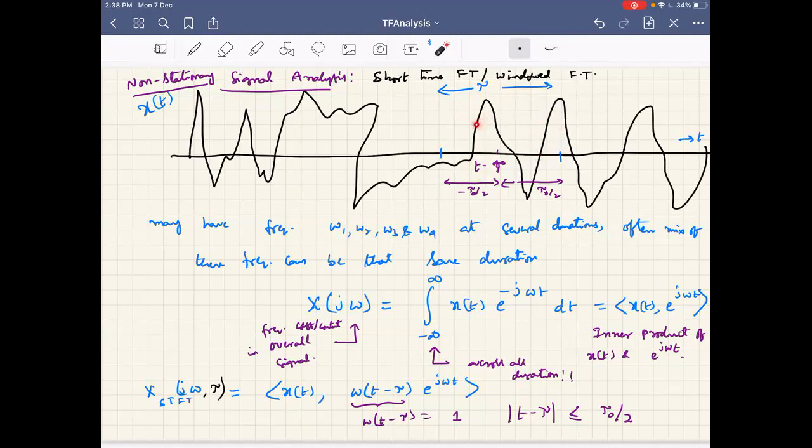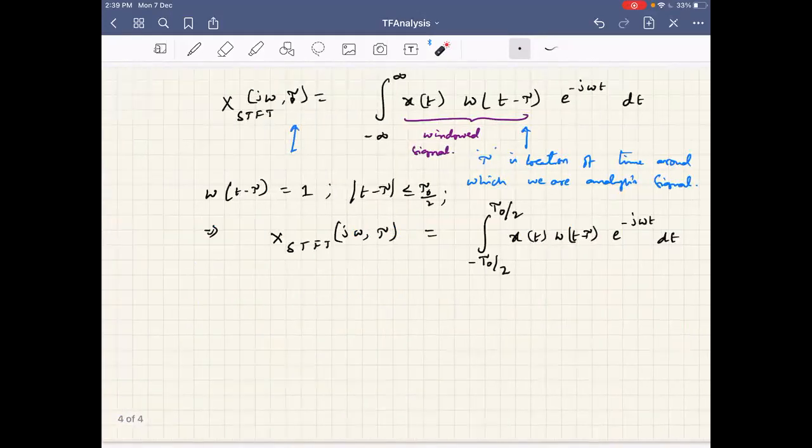However, in most practical scenarios, we need to analyze the whole signal at different instances, finding the frequencies in the neighborhood of each point. So for analysis through short time Fourier transform, we break the signal into different time durations, or frames, and for each frame we compute the short time Fourier transform.